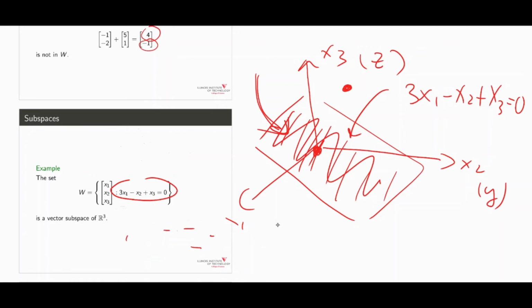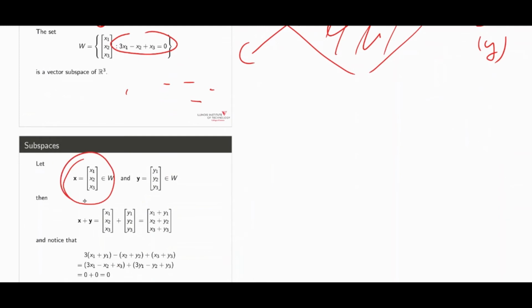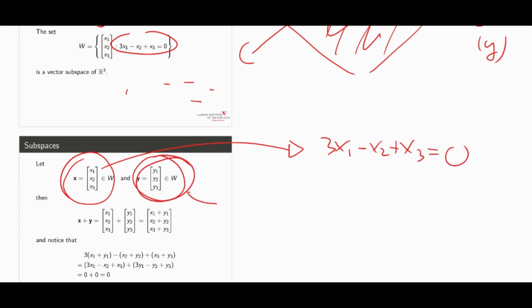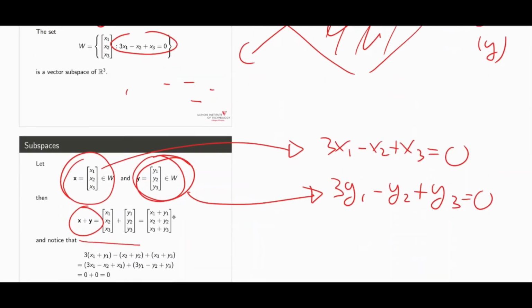So let's take two elements out of W. Let's say this vector X and this vector Y are in W. What does it mean? Immediately it means that 3x1 minus x2 plus x3 has to be 0. And for Y, immediately it means that 3y1 minus y2 plus y3 has to be 0. So let's add them. The usual vector addition gives you this.